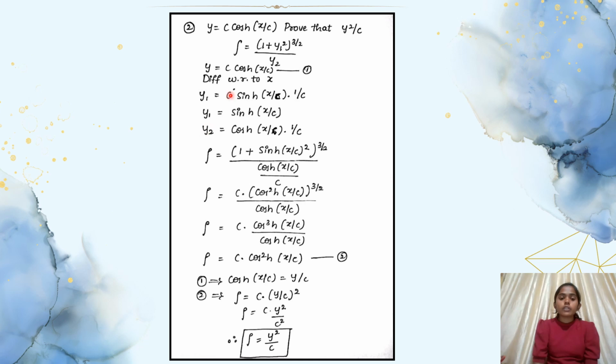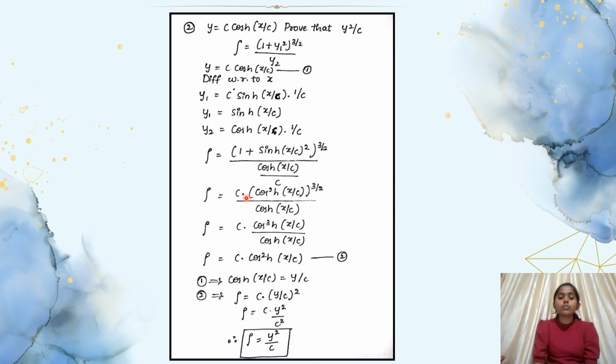Apply y1 and y2 to the formula: rho = (1 + sinh²(x/c))^(3/2) divided by cosh(x/c) divided by c. By the formula, 1 + sinh²(x/c) becomes cosh²(x/c), and the denominator c shifted to numerator.